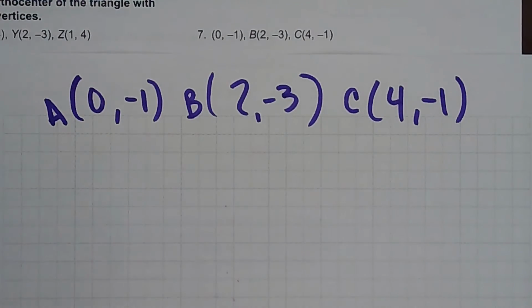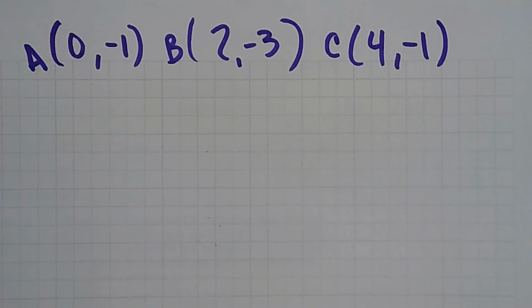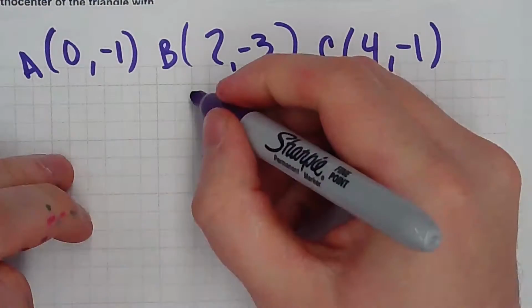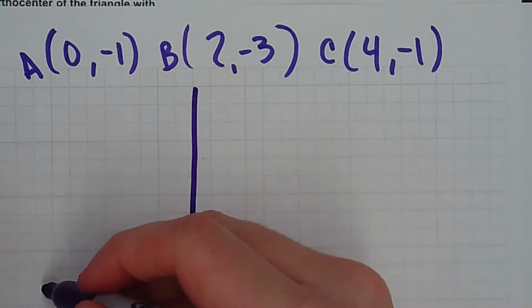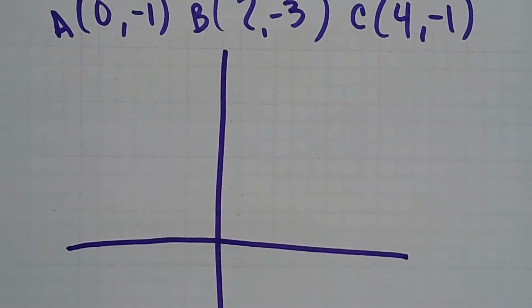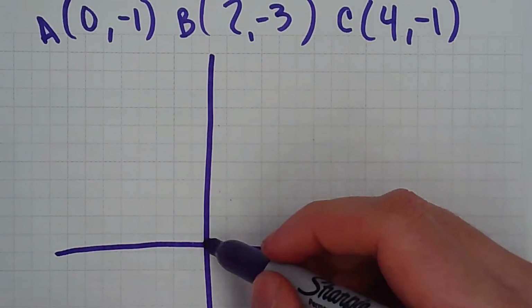Alrighty, so hopefully you did this problem. Did you guys just graph the triangle, or did you actually find the orthocenters? Y'all just graphed the triangle, didn't you? Yeah, I figured. Alright, so let's draw our coordinate plane, and let's do it together. That's a really bad set of axes. 0, -1 is right here.